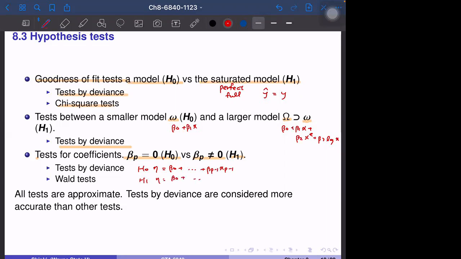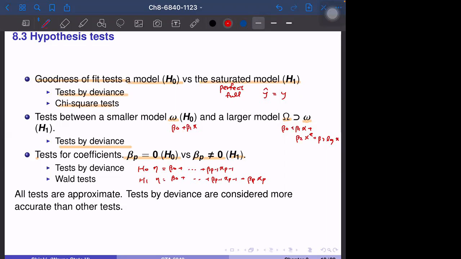And H1 the same, but with one more term. So obviously, this is a special case of the previous one, the smaller model and larger model. So H1 is the larger model.